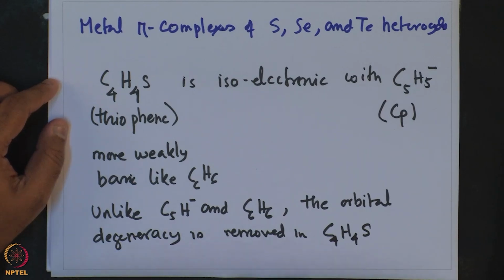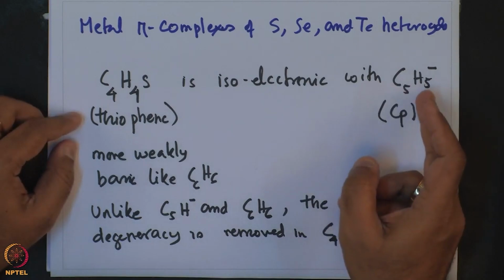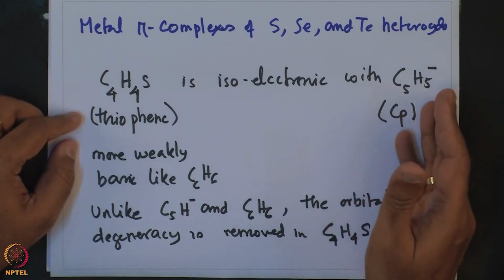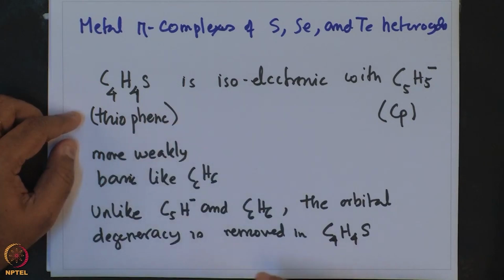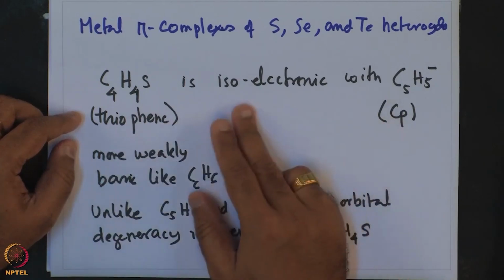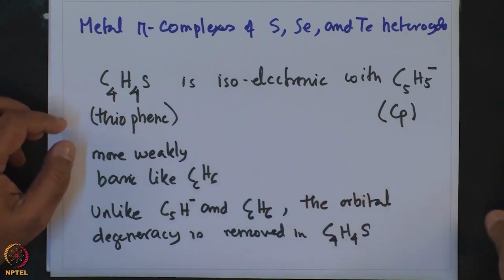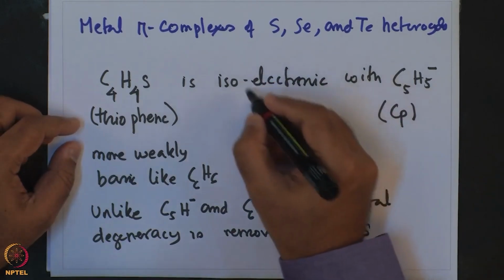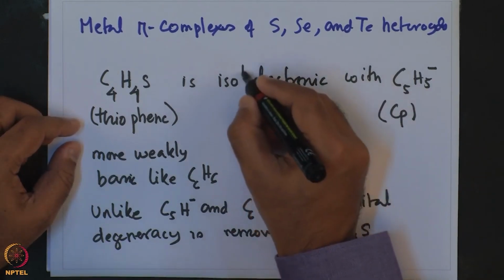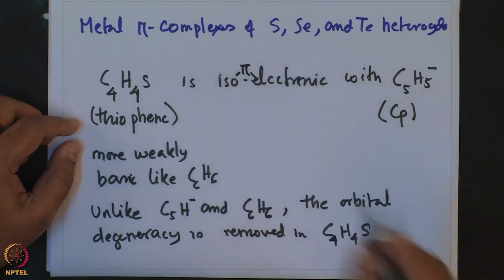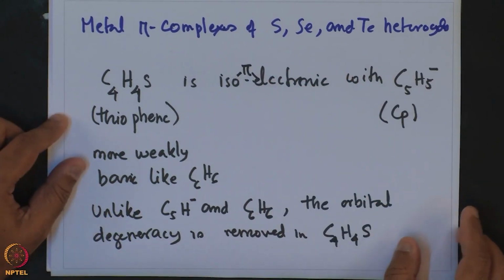So, there are subtle distinctions between C5H5 minus, the commonly called cyclopentadienyl anion, and thiophene C4H4S, though they are isoelectronic as far as the pi electrons are concerned. So, these are iso-pi electronic. To be more precise, that is what it should more appropriately be called.